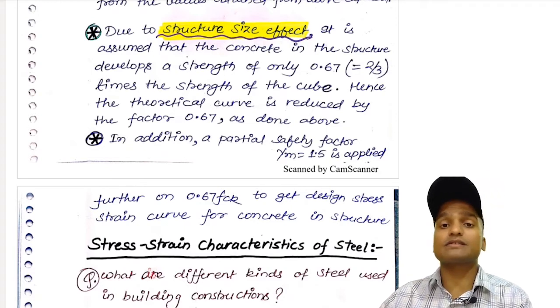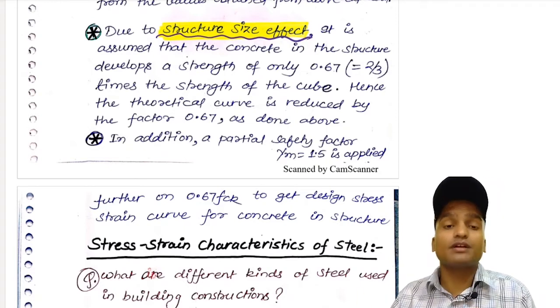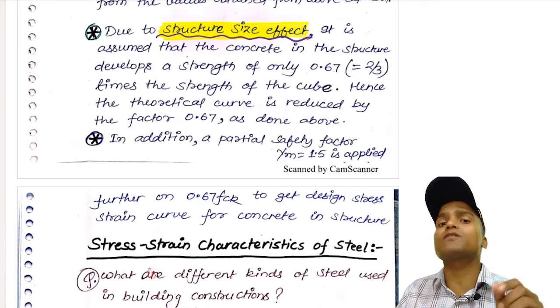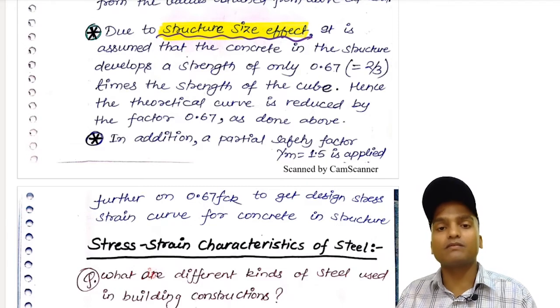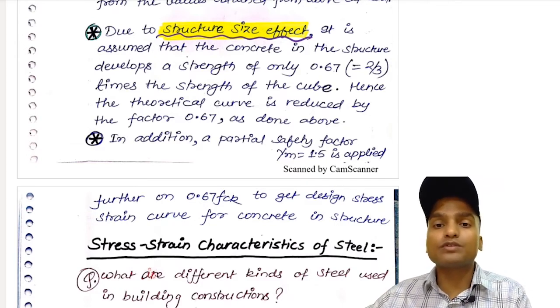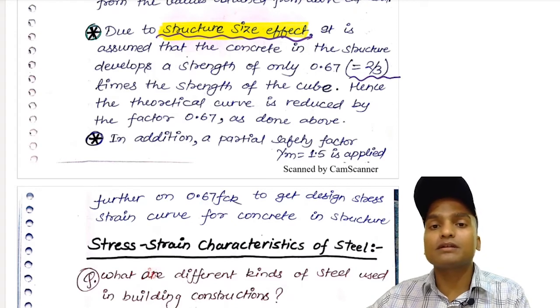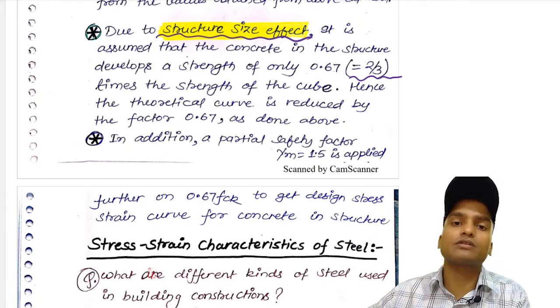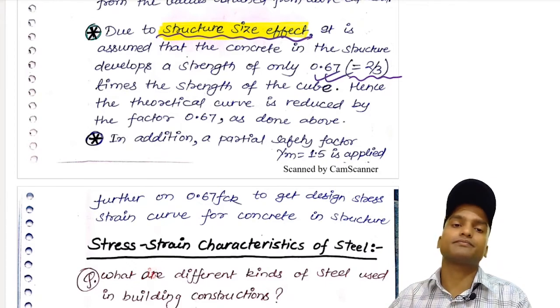Due to the structure size effect, it is assumed that the concrete in the entire structure develops a strength of only 0.67. Why do we take this factor as only 0.67? Because in some codes it is written that strength development in the structure is only 2 by 3rd of the cube, or we can also say 0.67.